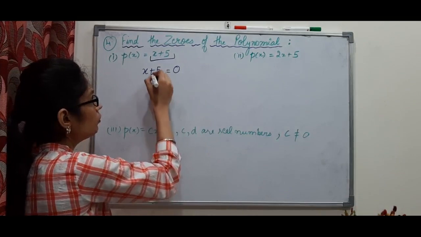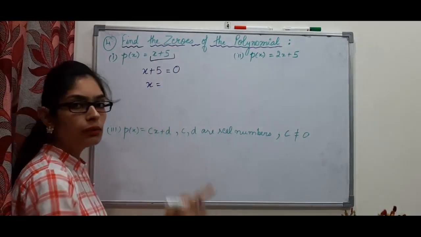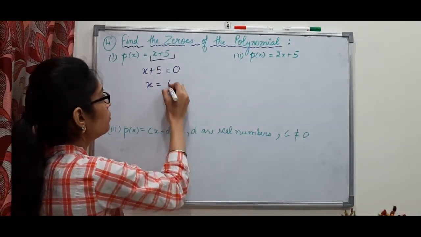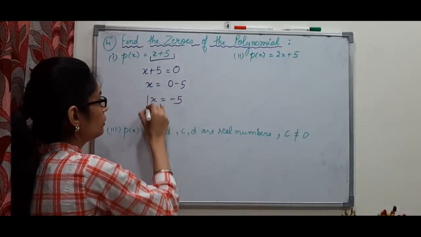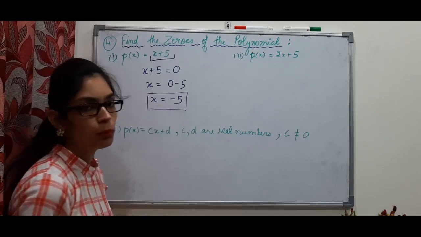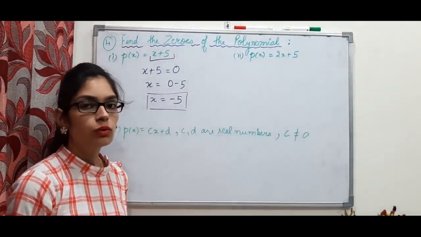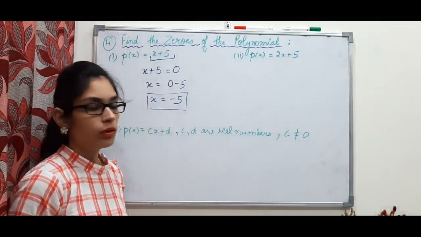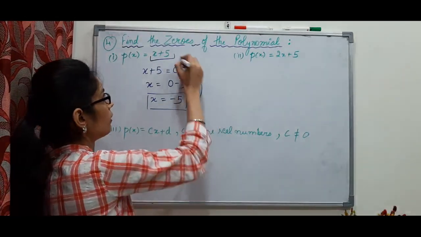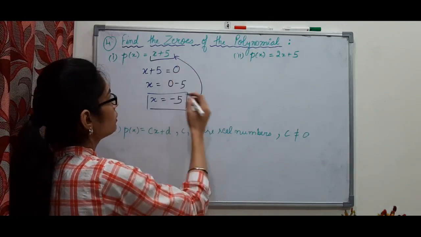x plus 5 equals 0, so 5 will shift to the other side, plus 5 will be changed into minus 5, 0 minus 5, so x equals minus 5. So this is the 0 of the given polynomial. We can also check whether the value which we have found is correct or not. Just fill this value of x in the given expression.